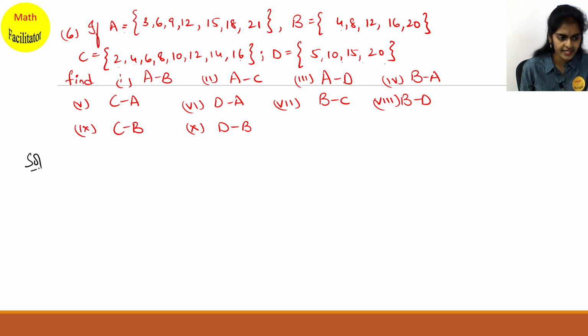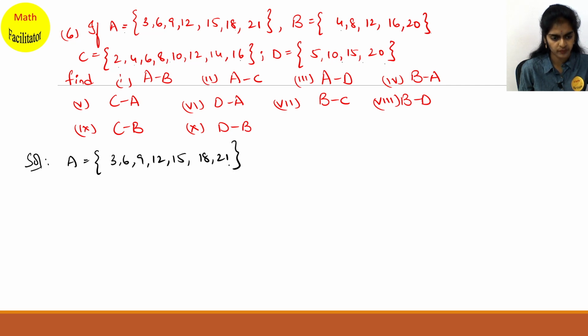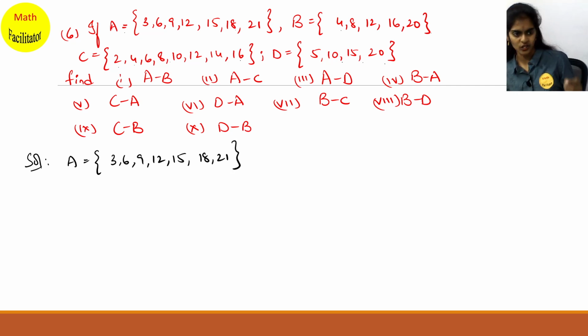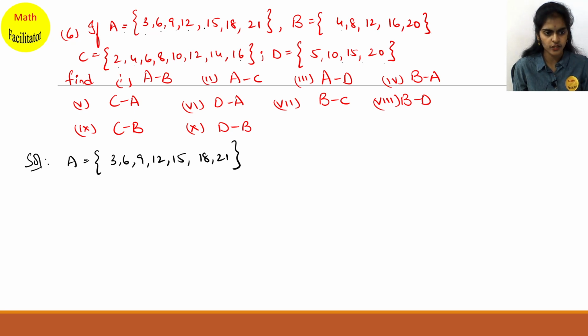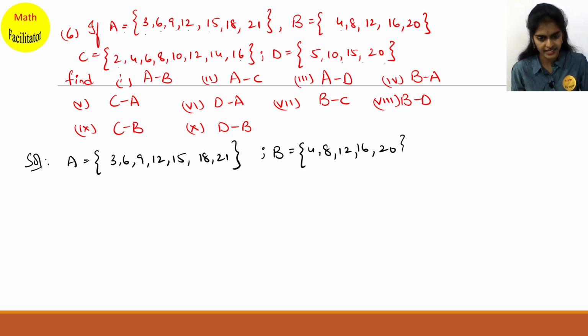So let me write. A is equal to 3, 6, 9, 12, 15, 18, 21. Please understand the logic first. B is nothing but 4, 8, 12, 16, 20, and C is nothing but 2, 4, 6, 8, 10, 12, 14, 16.